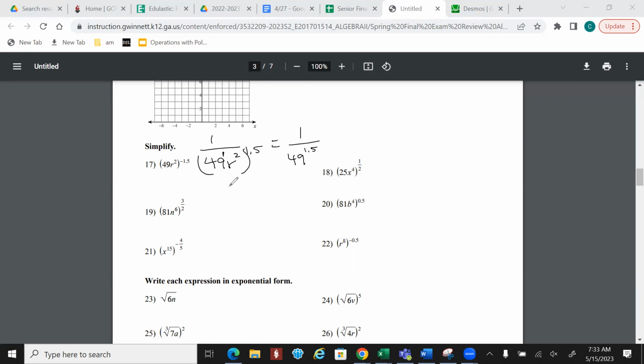So if we take 2 and multiply it times 1.5, what are we going to get? Not 2.5. So 2 times 1.5. Well, we've already flipped it, so we got rid of that negative, right? So that's going to give us 3. Good.